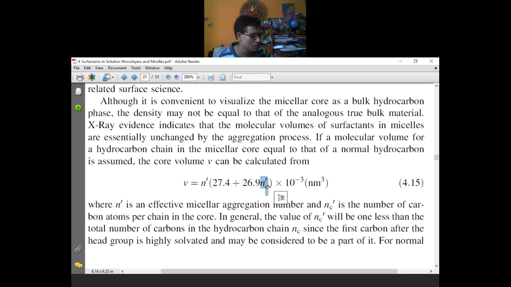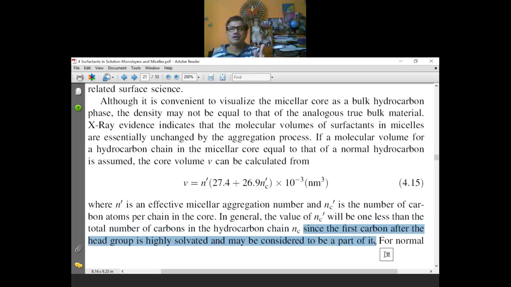So what did I say? In general the NC will be one less than the total number of carbon atoms in the hydrocarbon chain. And why? Because the first carbon after the head group is highly solvated, and it can be considered a part of the hydrophilic moiety.